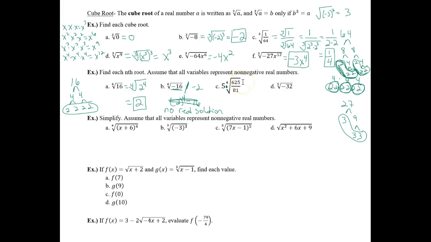I need to know what times itself 4 times would give me 625. So I'm going to go ahead and factor it. Do a little bit more side work down here. 625. Well, it ends in a 25, so I know 25 goes in. It's like quarters. There's going to be 4 quarters and $1, and there's $6 here.